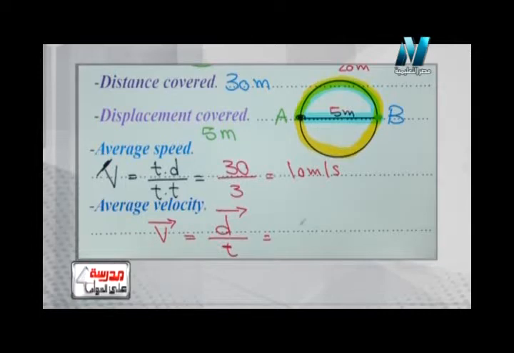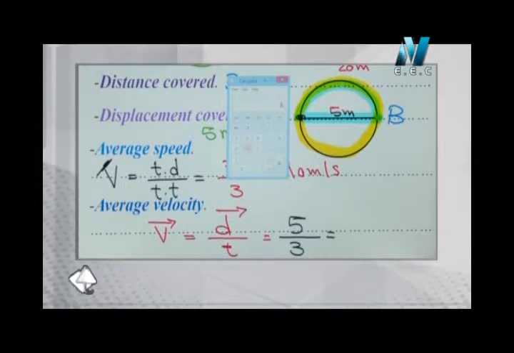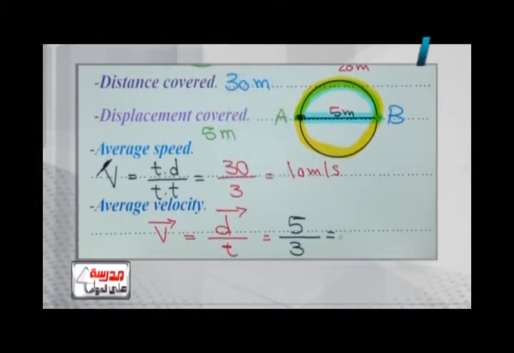The displacement became 5 meter, over time, which doesn't change, 3 seconds. 5 over 3, we can compute with the calculator, no problem. 5 over 3 comes out approximately 1.7 meter per second.